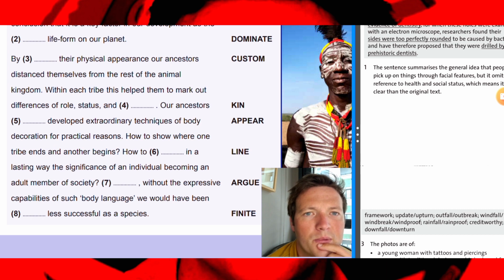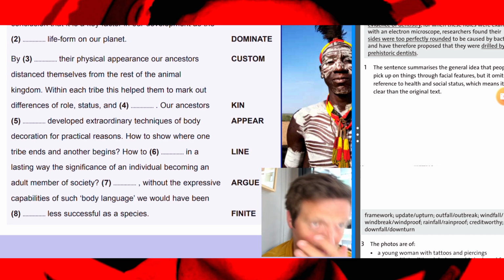I don't think it's arguably. I think it's unarguably. I think it's undeniable. I'm going to risk it. Unarguably, without the expressive capabilities of such body language, we would have been infinitely less successful as a species.